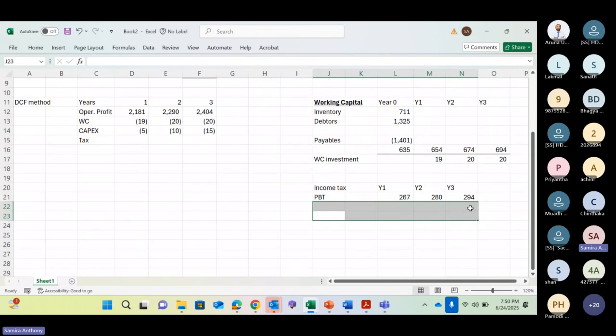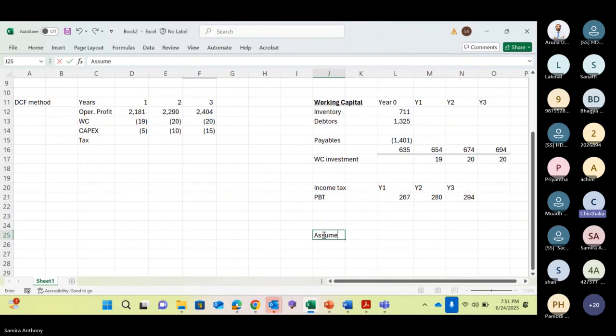Yeah. That's why I have taken profit before tax here. This is already deducted for interest. Clear? If I did not consider this profit before tax and considered operating profit, I would need to deduct interest expense. In other questions, if we start from EBIT, we need to deduct interest expense when calculating the tax payment.